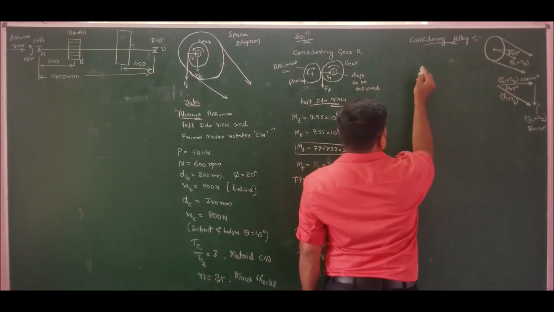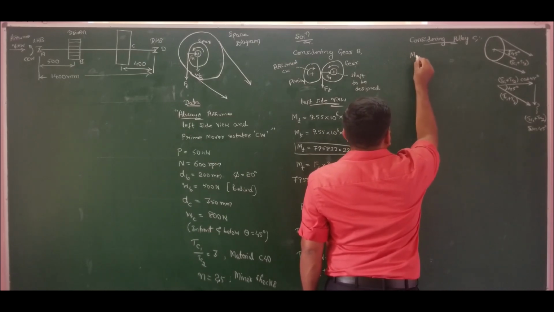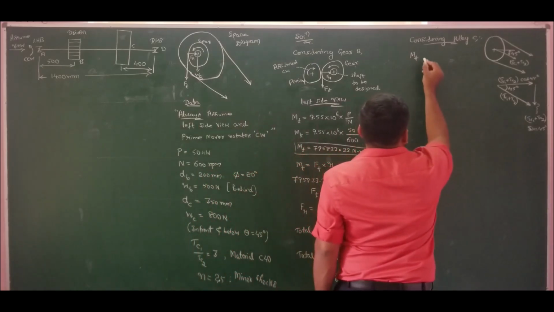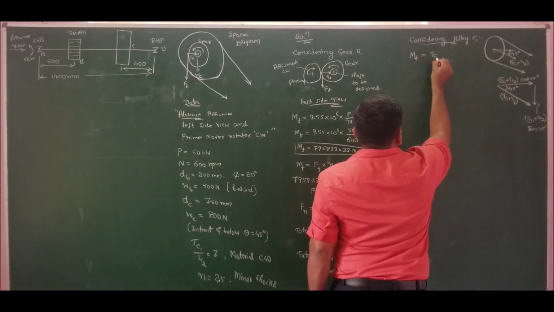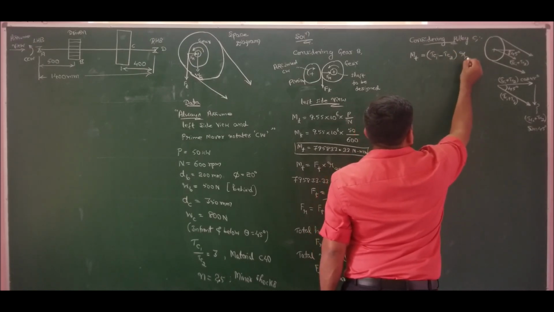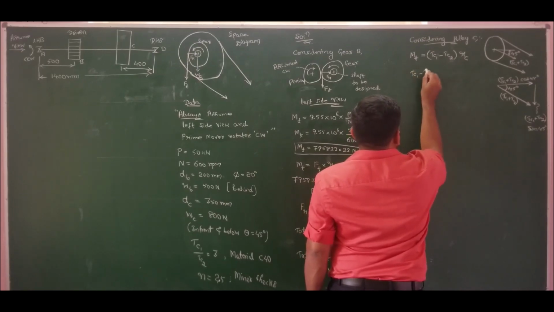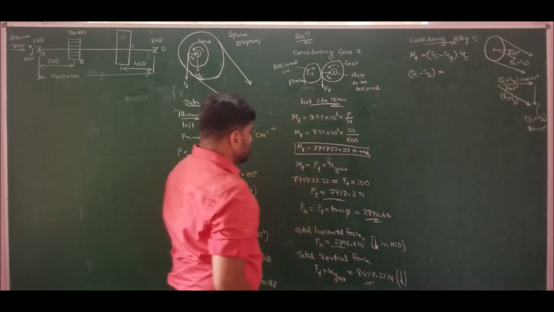Let us calculate these values. Torque remains the same because the gear is receiving and the pulley is giving out. So we know the torque, and the first equation is not required. Now we have two equations. Mt is equal to (TC1 minus TC2) into the radius of the pulley. So TC1 minus TC2 is equal to Mt by RC.